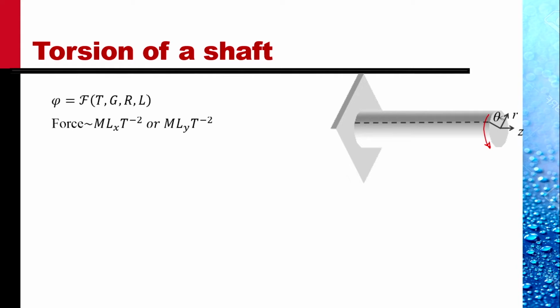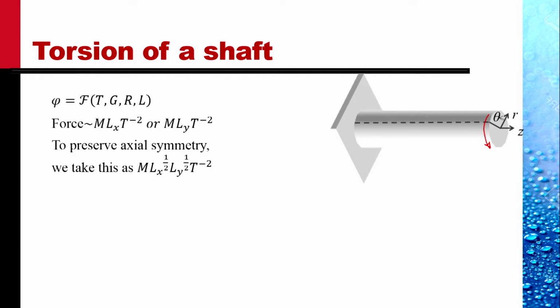In fact, the whole problem is symmetric in x and y. Z is a special dimension, but not x and y. X and y are interchangeable. So, to preserve axial symmetry, we can take the dimension of force as M Lx raised to power half, Ly raised to power 1/2 and T raised to power minus 2.